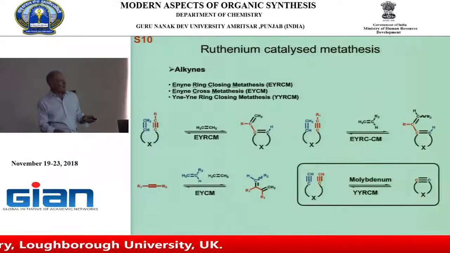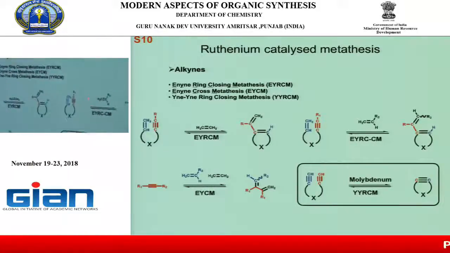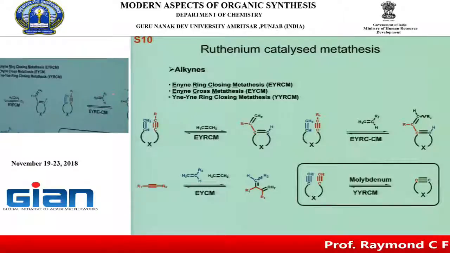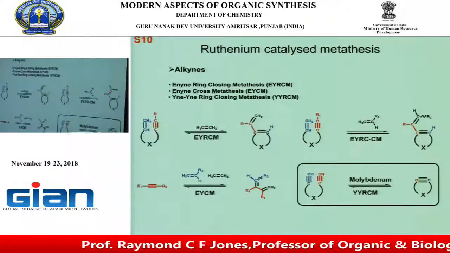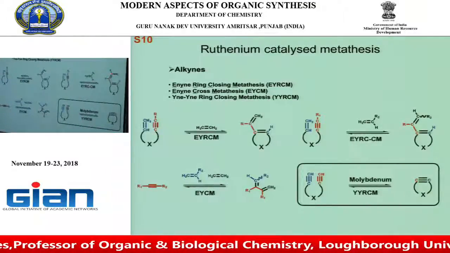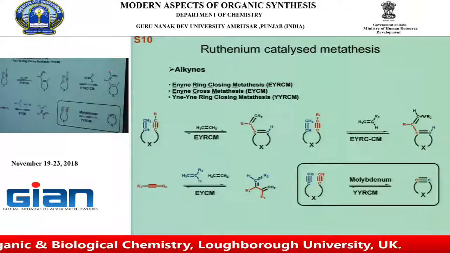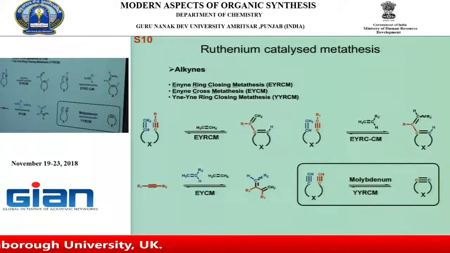If it's a cross metathesis, then you're putting in another alkyne, and that ends up here. That's a wavy line just to show that you could get cis or trans at that point. So these are not so different really.